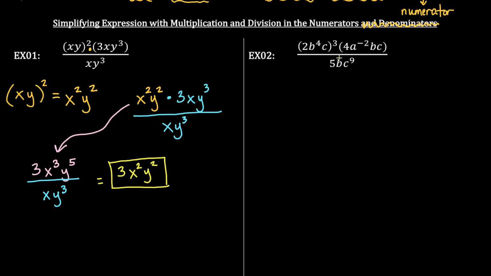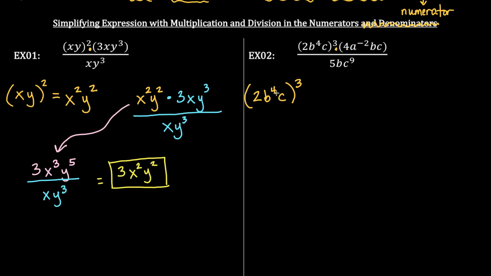So let's do this next one. Oh man, we got a lot of stuff going on here. Now let's do this orange again. So we have 2b to the fourth, c to the third. Let's simplify this part before we multiply. So 2b to the fourth to the third.